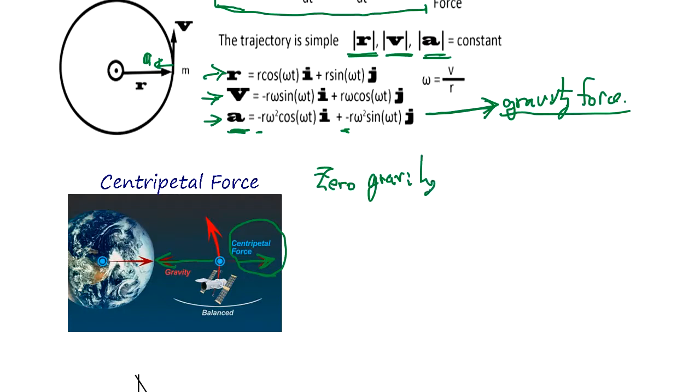And let's talk about this a little bit. Is there any such thing as centripetal force? Well, anybody standing on the Earth doesn't see it. You see only gravity force.